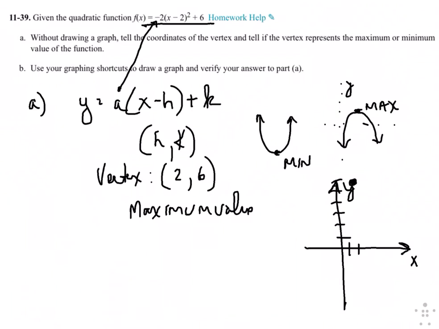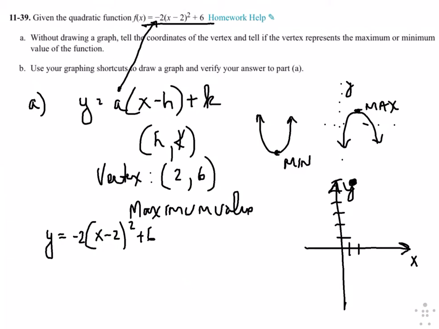We know that if we put a 0 in for x, let's do that. I have y equals negative 2 times (x minus 2) squared plus 6. Let's put a 0 in for x.